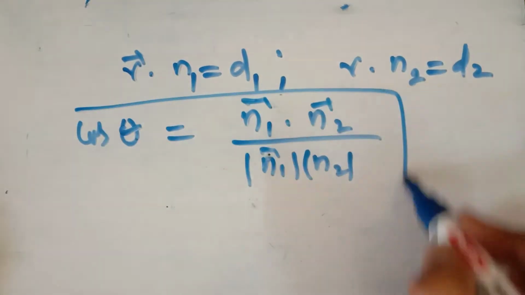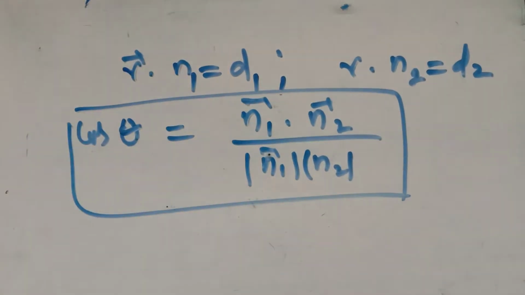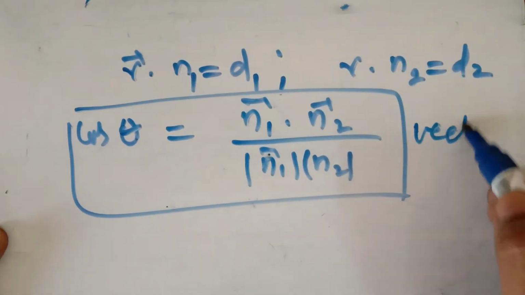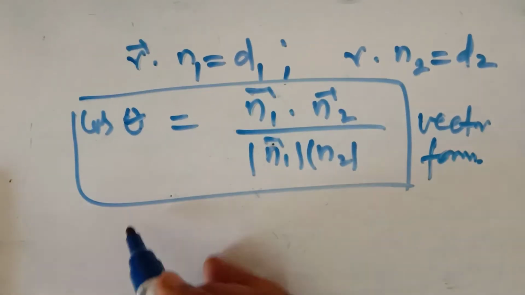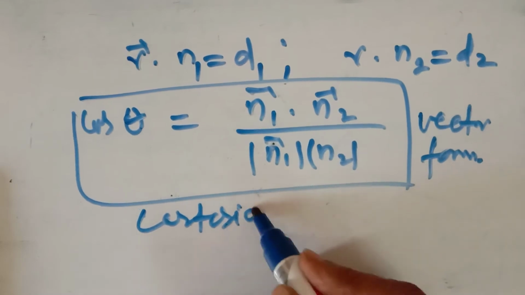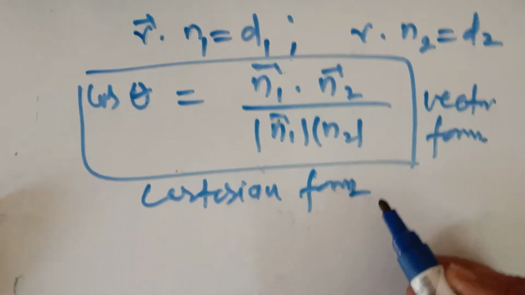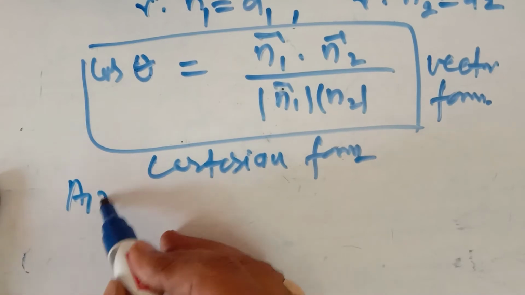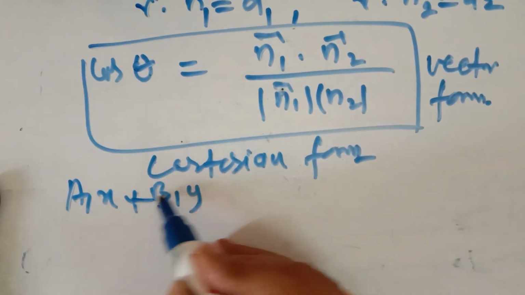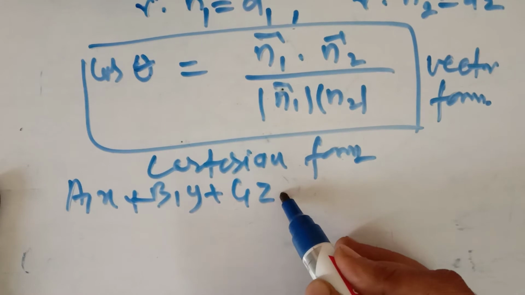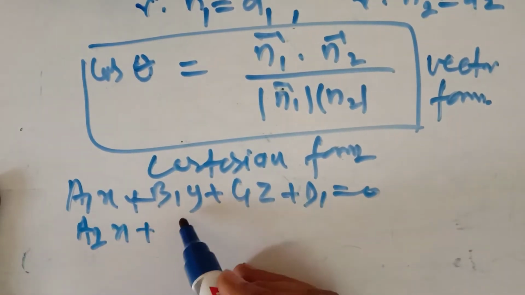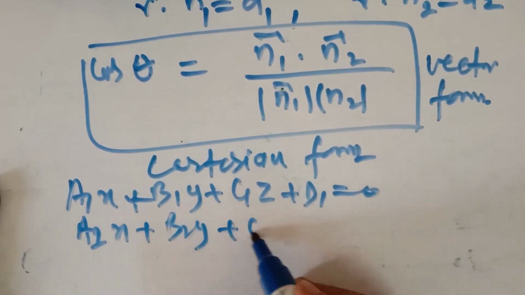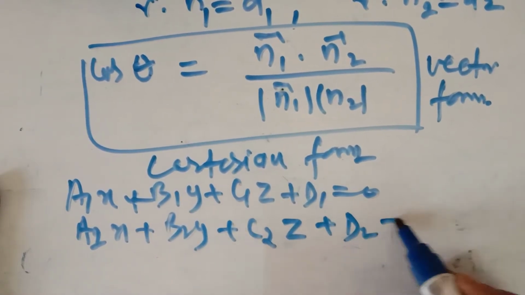This is the angle between the two planes in the vector form, where theta is the angle between the two vectors. Now in the Cartesian form, let the equation of the two planes be a1x plus b1y plus c1z plus d1 equal to 0, and the equation of the second plane be a2x plus b2y plus c2z plus d2 equal to 0.